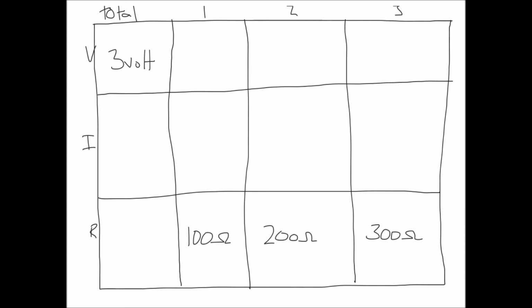So the next thing we want to do is look across here. We want to look for things that we can solve for. So I notice here in this row, we have 3 of the resistors, and we can actually apply an equation to add our resistors together or combine our resistors to get the total resistance.